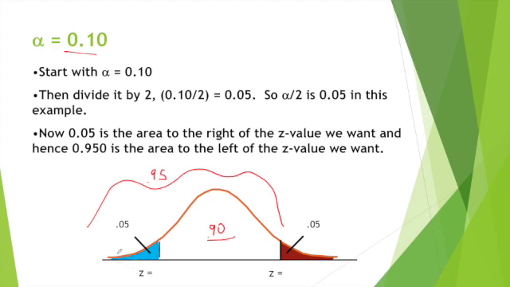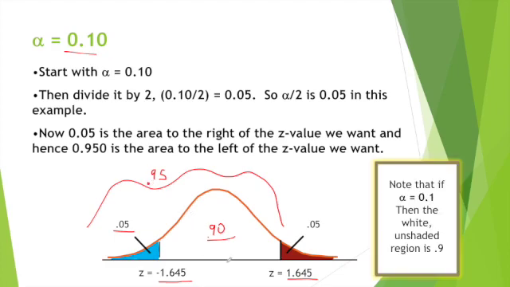So I go to the z-table and I look up, okay, what's the z-score for an area of 0.05? And that's going to be negative 1.645 and positive 1.645 for an area of 0.95. So we've found our 90% confidence interval.